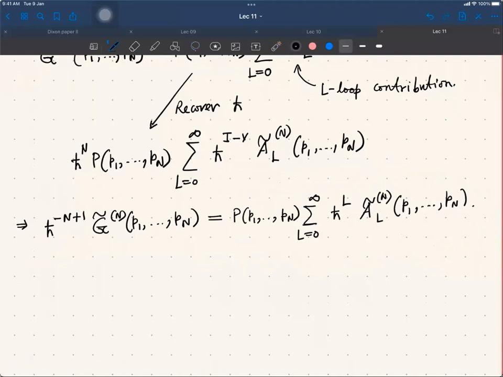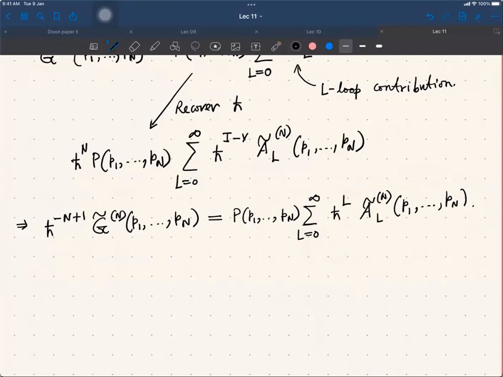So if you ignore the external lines, then the amputated contribution or diagram will have an h bar expansion where the power of h bar counts the number of loops. That is the result.